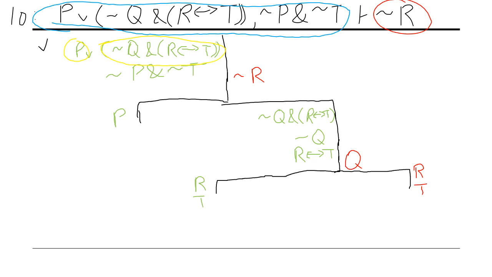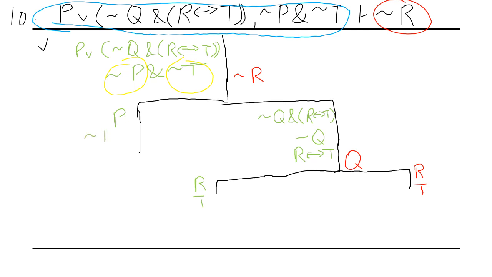Now let's look at the second premise. What's the main operator? Well, I've got this tilde attaching this P, and I've got this tilde attaching this T. So the main operator is the ampersand. I've got to do this in all of the branches down below. So what makes this true?